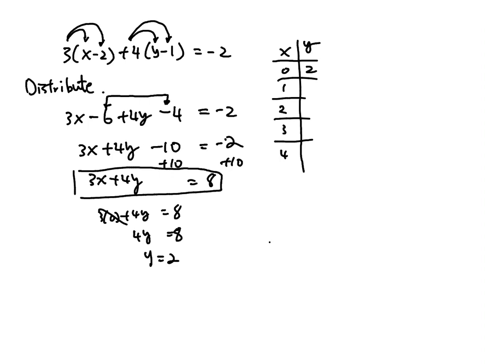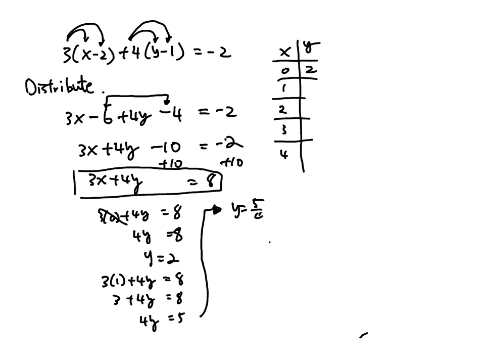What happens when x equals 1? You get 3 plus 4y equals 8. So 4y equals 5, and y equals 5/4. Not as nice.